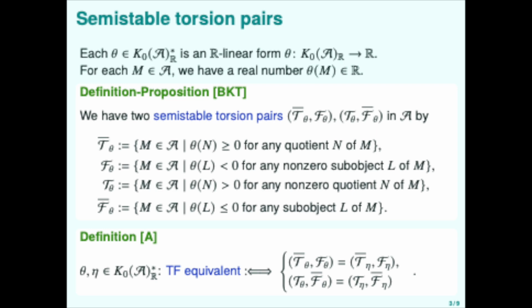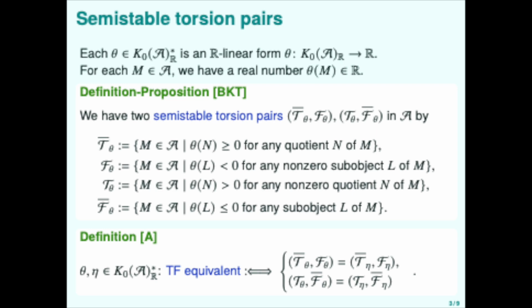So we first give the precise definitions of semi-stable torsion pairs. First, note that each element theta in K0A R star is a linear form from K0A R to R. Therefore, for each object M in A, we have some real number denoted by theta of M. Then for each theta, we have two semi-stable torsion pairs denoted by (T bar theta, F theta) and (T theta, F bar theta).